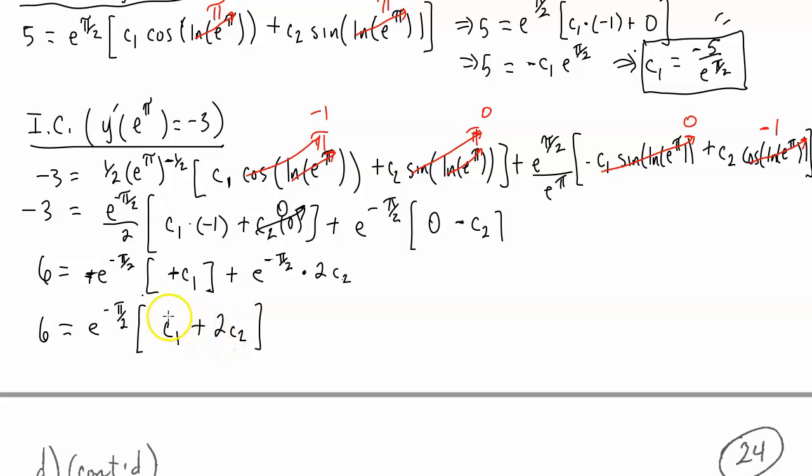And so now from here, I'm going to divide both sides here by e raised to the negative pi over 2. Another way of doing that is just to multiply both sides here by e raised to the positive pi over 2. So I'm going to take that approach here. I'm actually going to write it out.